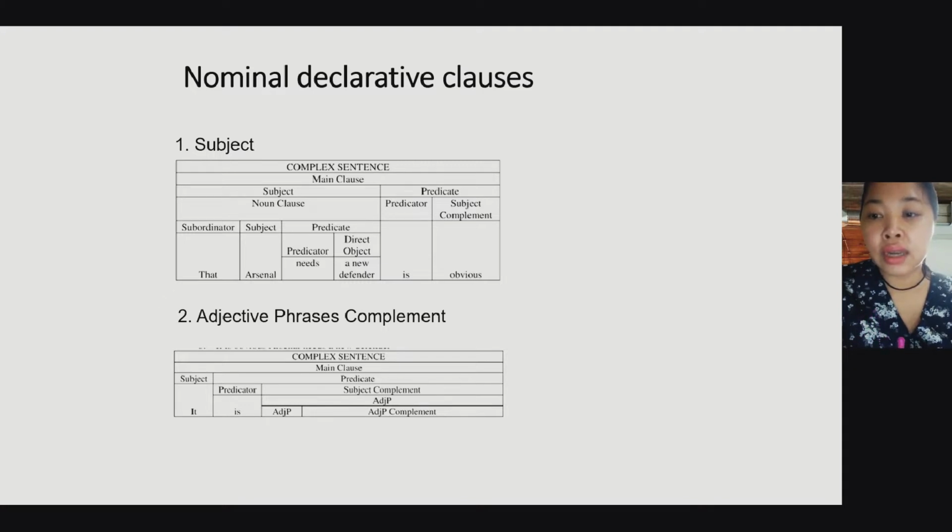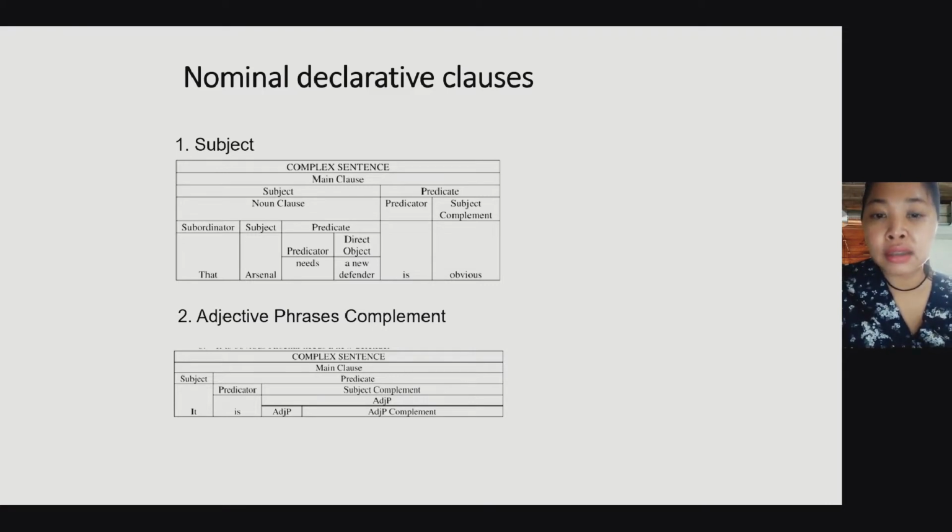So if we look at the pattern, it can be like this: subject plus predicate, and we break it down again, it becomes noun clause plus predicator plus subject complement. And the second one is adjective phrase complement.